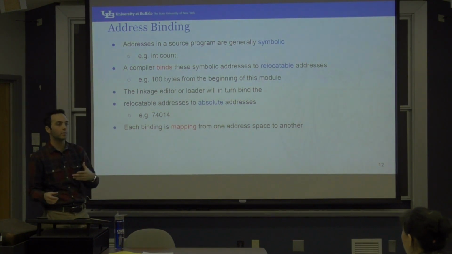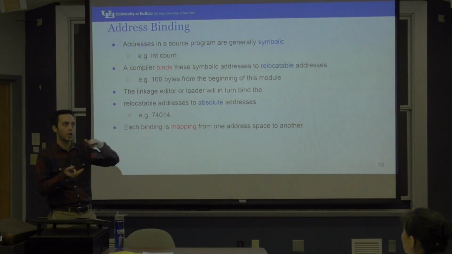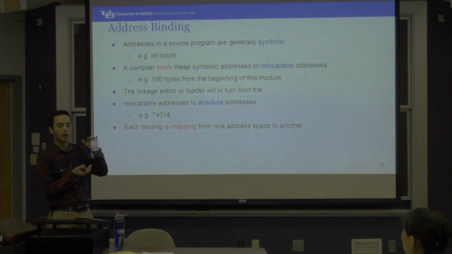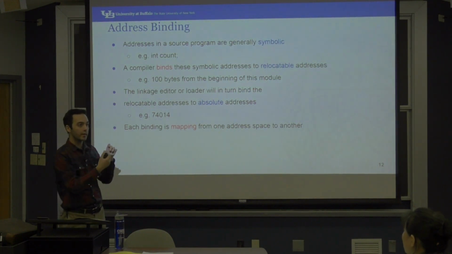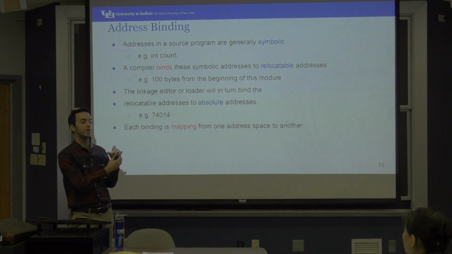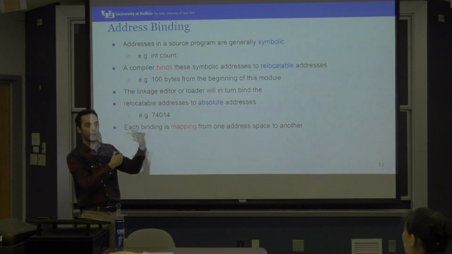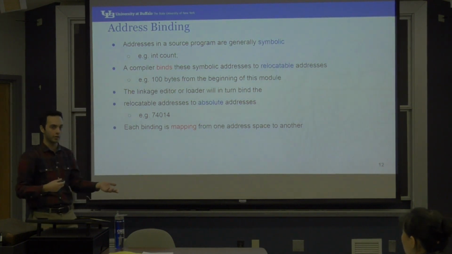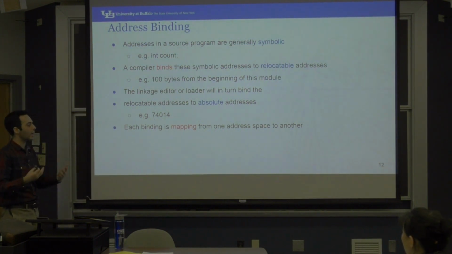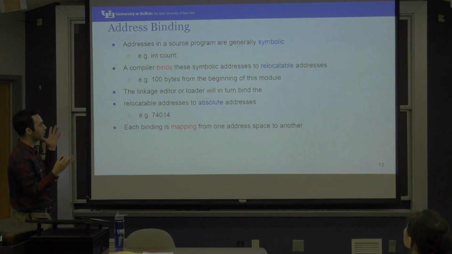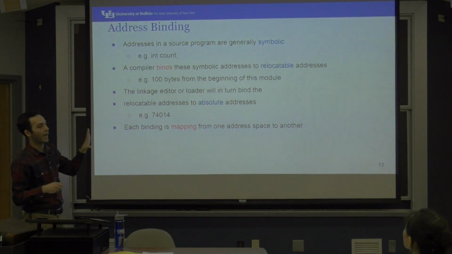So a lot of the time, you have dynamic loading, where you actually load the main part of your program, but not all the routines. So when you want to call a routine, it checks that the routine is not available in memory, then it will load that routine somewhere in memory and then replace it with an absolute address. So a lot of things can happen at runtime, but a general thing, this is address binding.